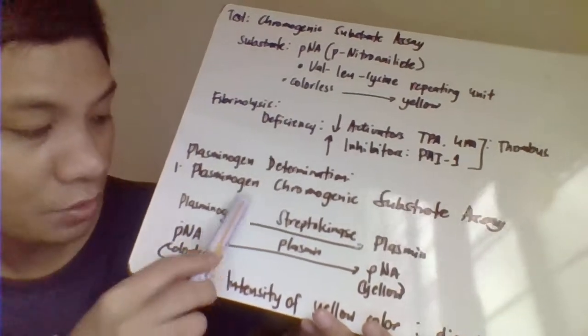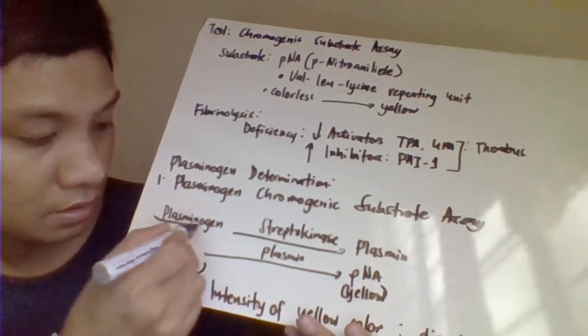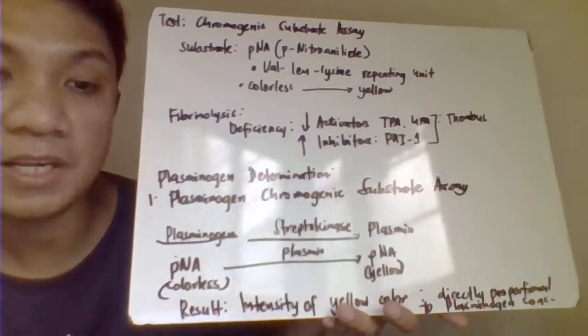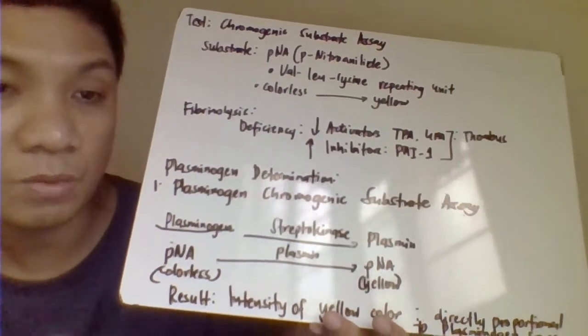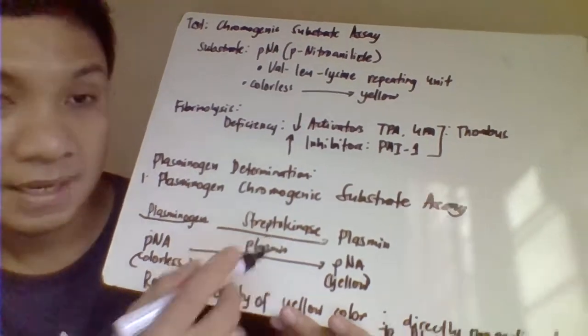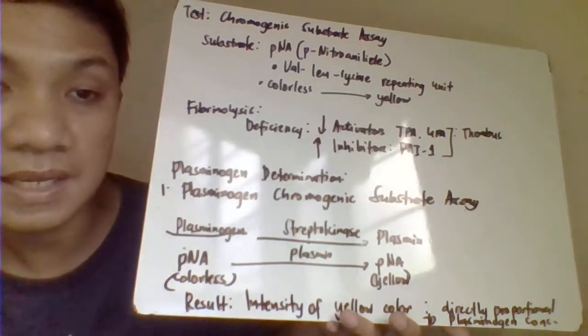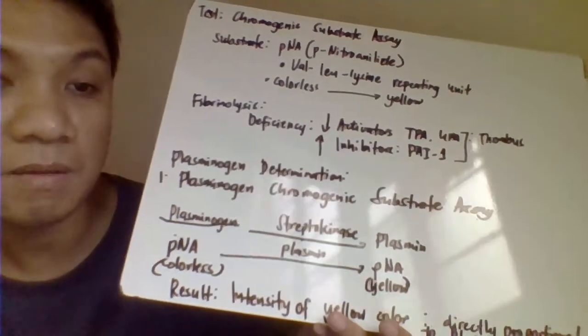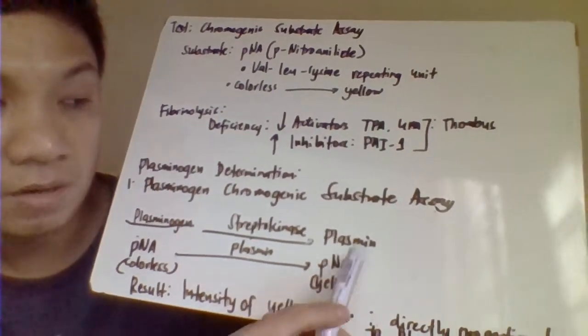For that, this is how we measure the concentration. To measure plasminogen, you need to activate it, using streptokinase as your activator. Streptokinase, again, is produced by beta hemolytic strep, converting plasminogen to plasmin.